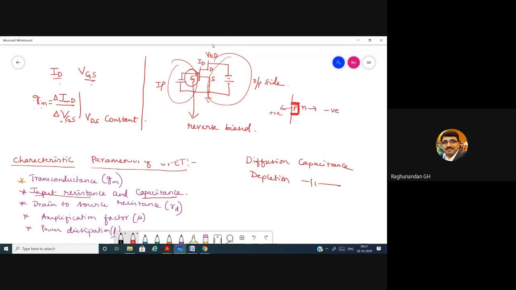These two form a capacitor. So can you tell me when a diffusion capacitance comes and when a depletion capacitance comes?